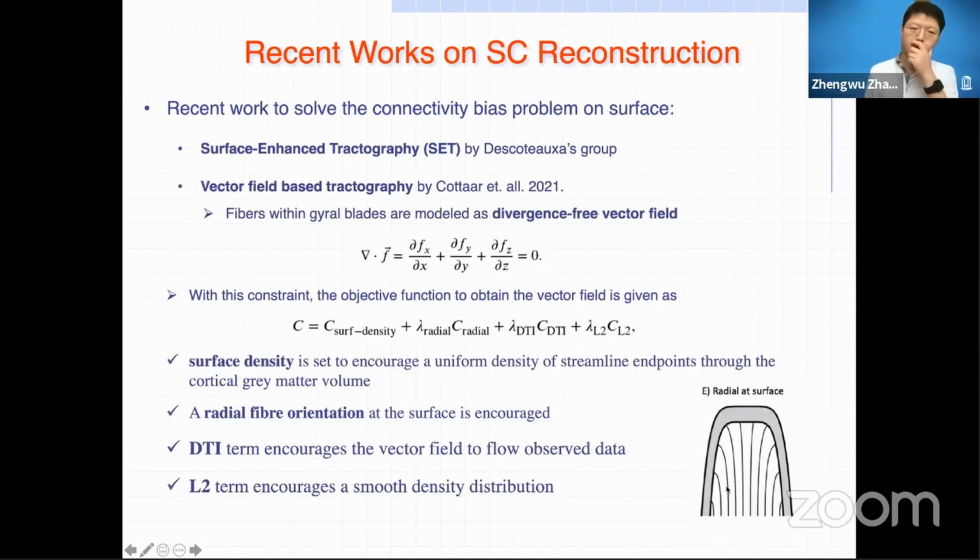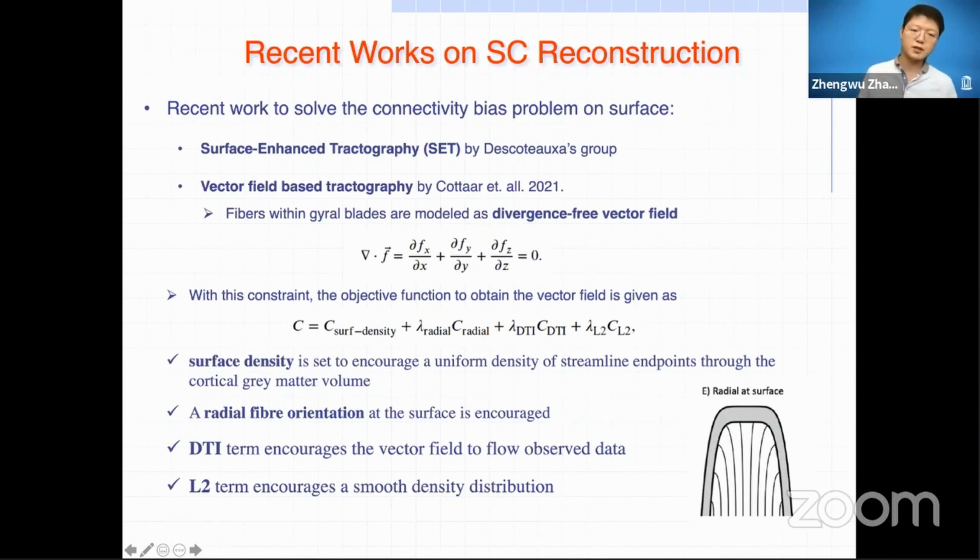Another recent work by Cater et al., recently published in NeuroImage, used a vector field-based tractography algorithm. They model the fiber curves in the gyral blade as a divergence-free vector field, and this is the constraint they imposed on the vector field. Under this constraint, they have a representation of the vector field as a linear combination of bases and coefficients. Then they build an objective function to obtain this vector field.